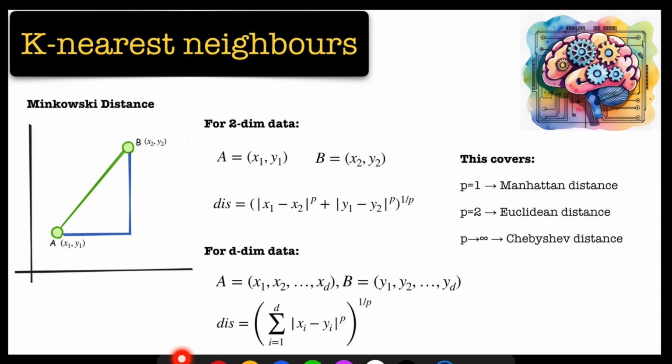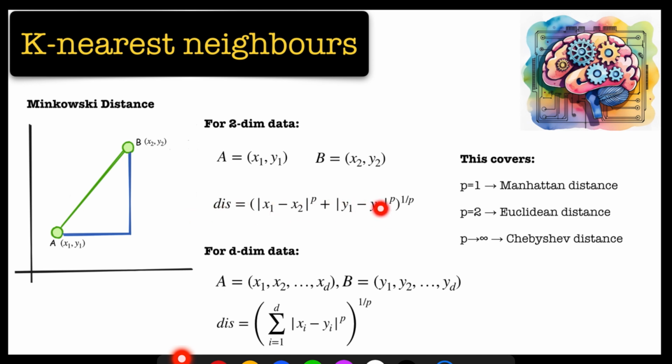Next, Minkowski distance. For 2-dimensional data with A equal to x1, y1 and B equal to x2, y2, it will be the pth root of this whole thing: absolute value of x1 minus x2 raised to the power p plus absolute value of y1 minus y2 raised to the power p.